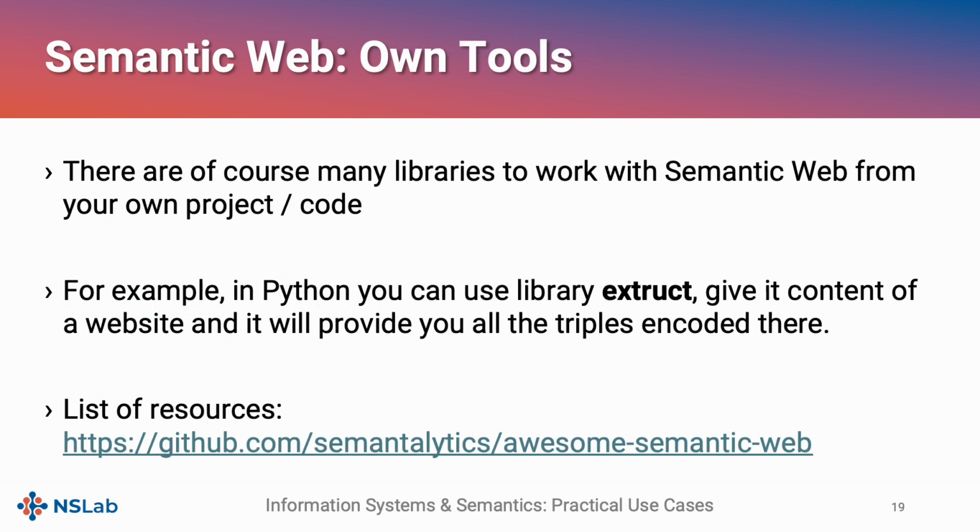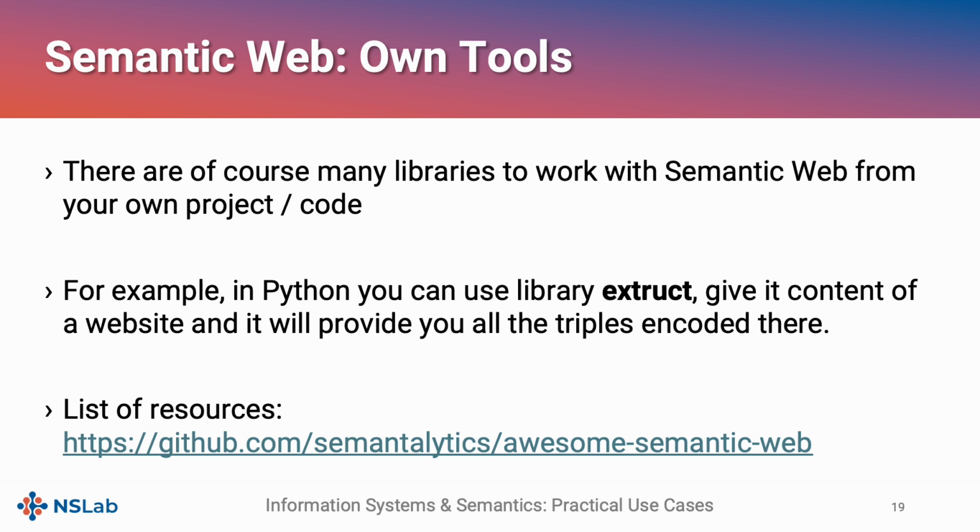And finally, you can also build your own tools, of course, that will process such data from the semantic web for your project, for your code. For example, if you were working with Python, there is a library, extruct, that gives you the content of a website: you give it the content of the website, and it will parse it and get all the triples that it finds in the content as an output.